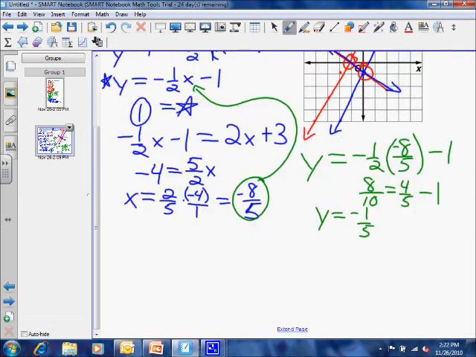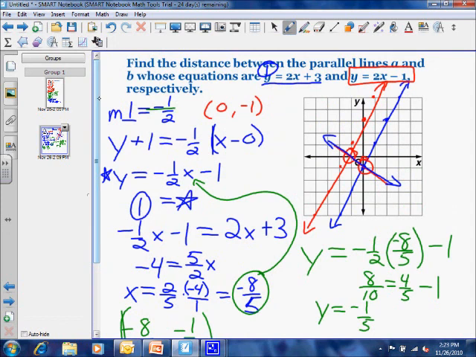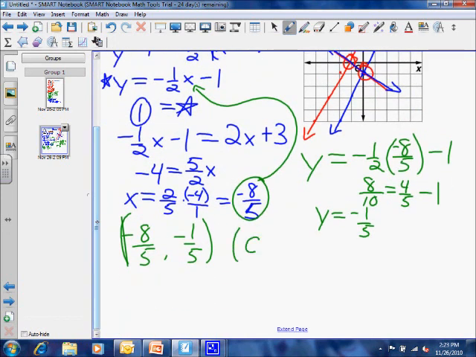So my ordered pair for the intersection point is (-8/5, -1/5). And the point that I'm going to use with it in the distance formula was the one I chose earlier, (0, -1).